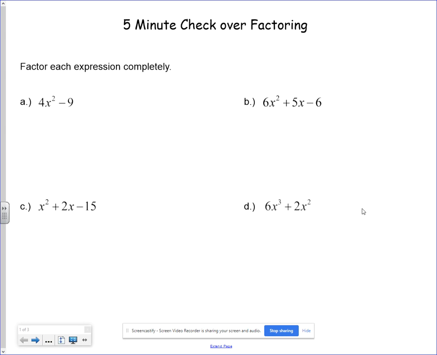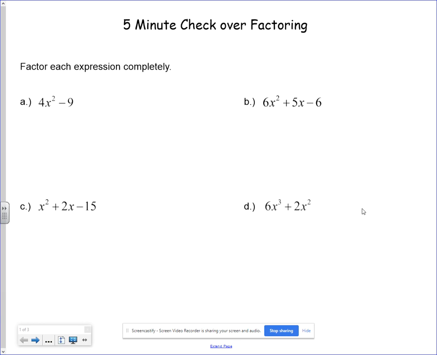Is there a number or variable that divides into both of those? No, there isn't. How many terms do we have? 2. When you have 2 terms, you can factor it if you apply the GCF or if it's a difference of perfect squares. Is this a difference of perfect squares? It is. So we can factor this.